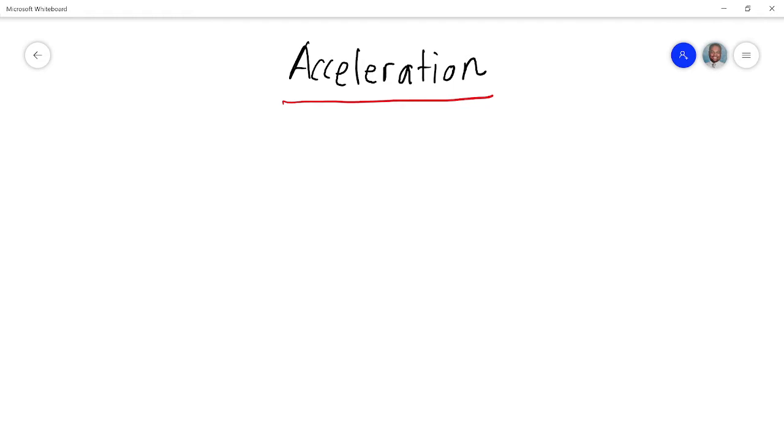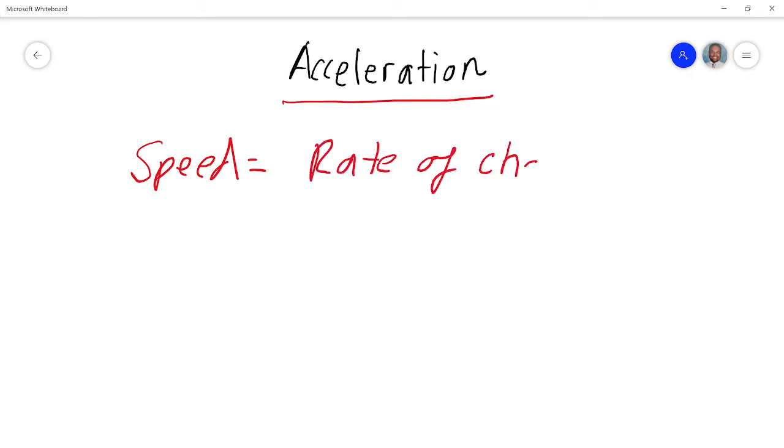Before I go into acceleration, let's look at a concept called speed. I've covered speed in various videos in the series, but let's look at what speed is. Speed is simply rate of change of distance.